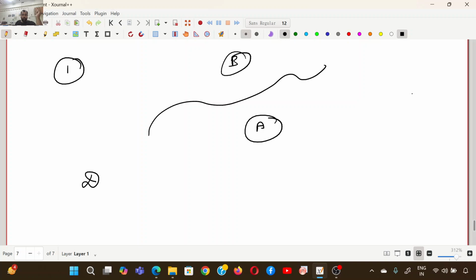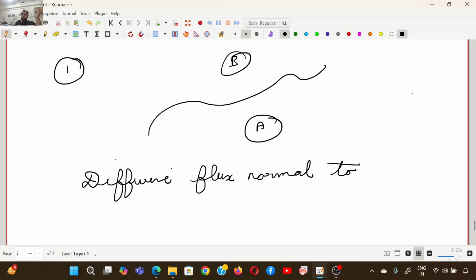So I'll just put it in words now. Diffusive flux normal to the interface, continuous across the interface.